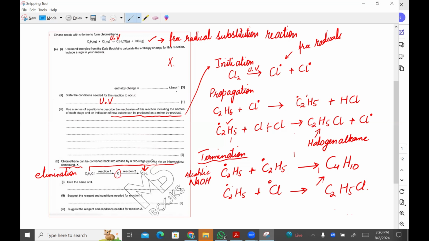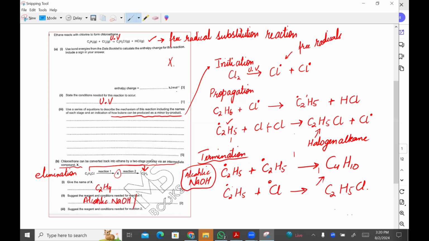Okay. So what is going to form here? There was a double bond, and ethene was formed here. Suggest the reagent and the condition needed for reaction one. So what is the reagent and the condition needed for reaction one? Yes, the reagent must be alcoholic metal hydroxide.